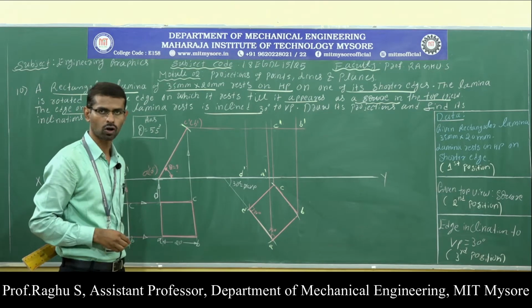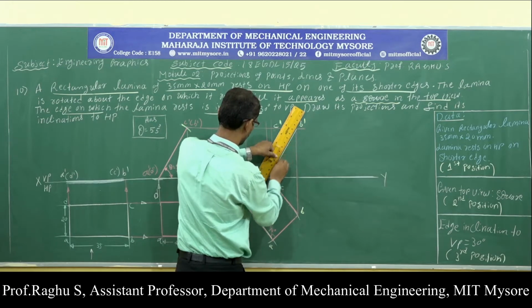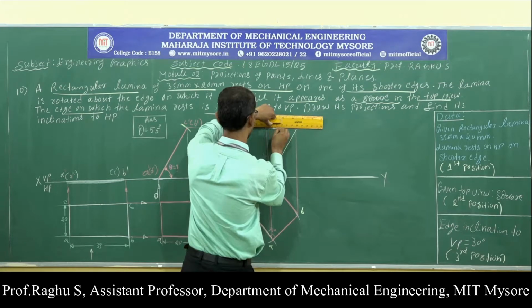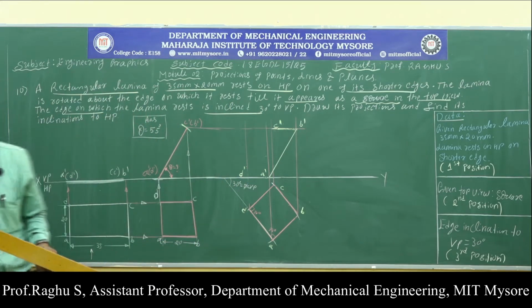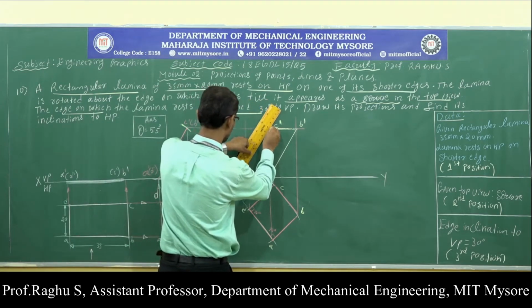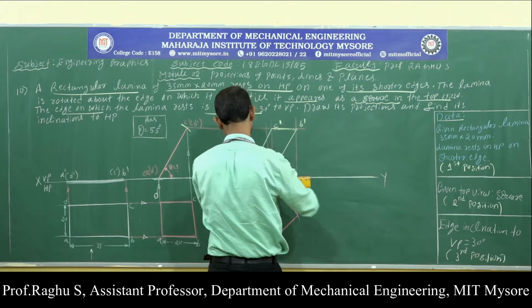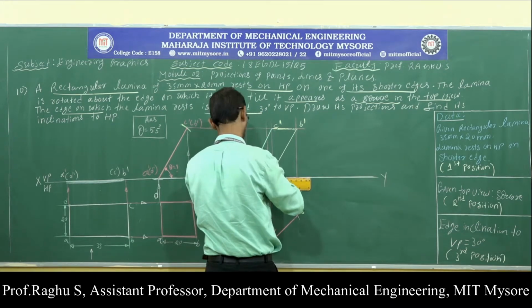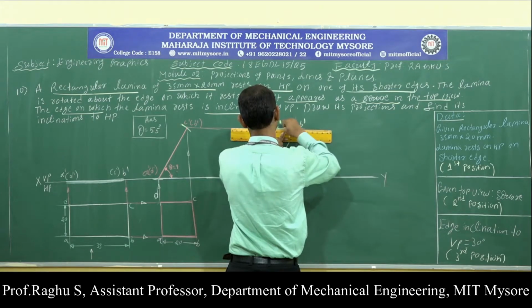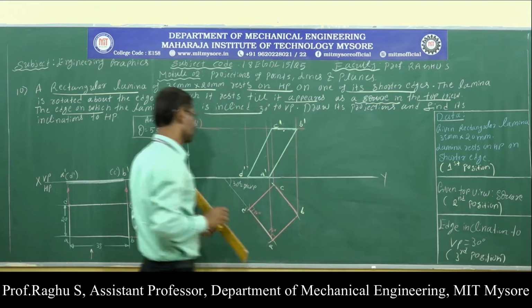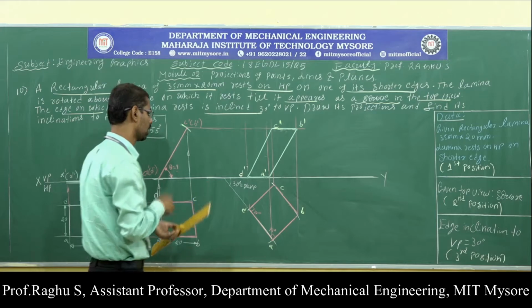Now connect all the 4 corners to get the final front view. A to B, B to C, C to D and D to A. You can indicate the arrow marks.